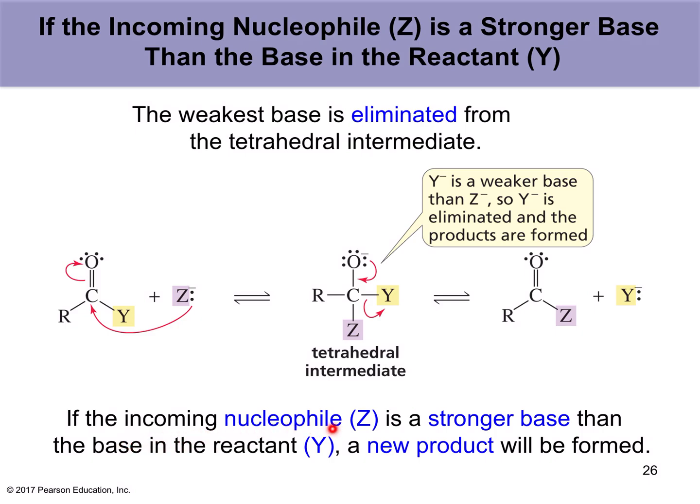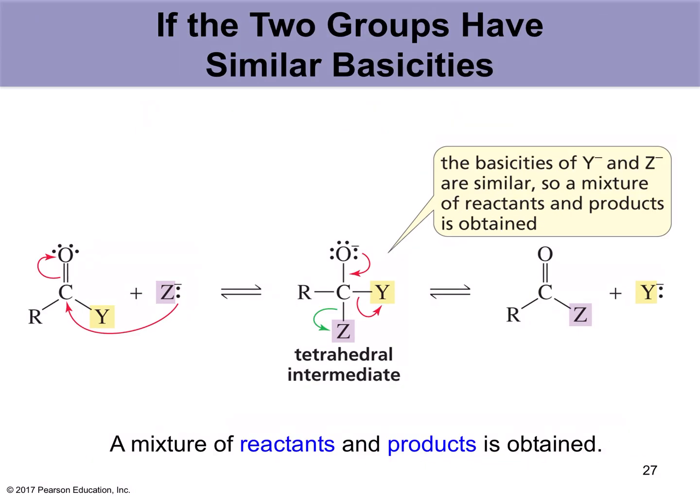A new product will be formed. What happens if you have both groups with about the same basicities? Z will add and you will form the tetrahedral intermediate, and there is a possibility that a mixture of the two products will be formed. You can get some of the reactants and also some of the products.